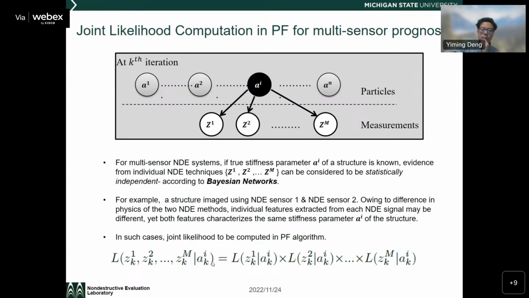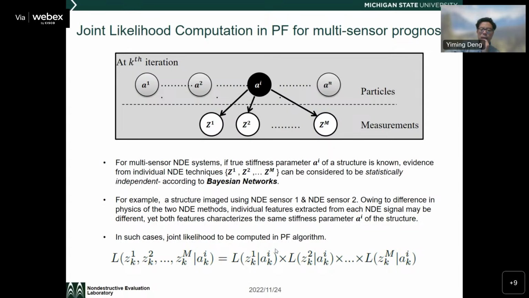So for step k, given the stiffness parameter A, the joint likelihood function of the M measurements from multiple sensors, by assuming they are independent of each other, we can rewrite as the multiplication of each individual probability. Each of them, Z1, Z2 to Zm, comes from a different NDE method.